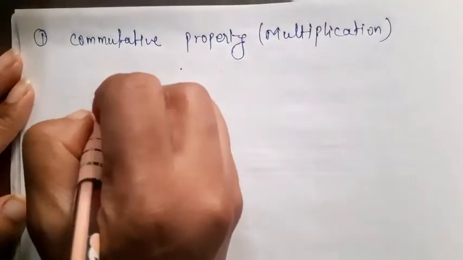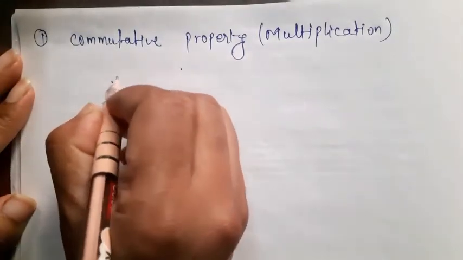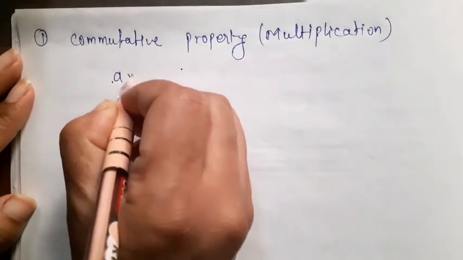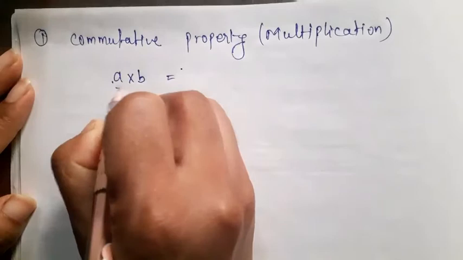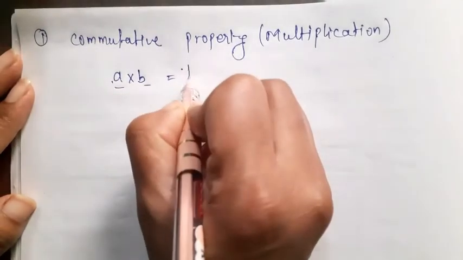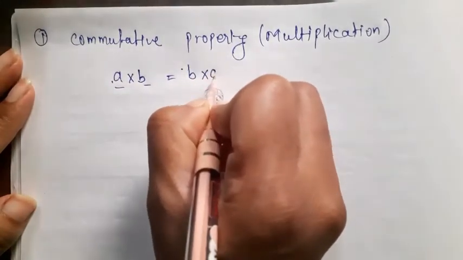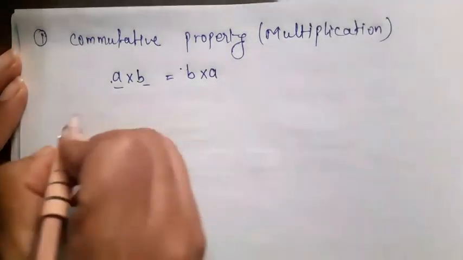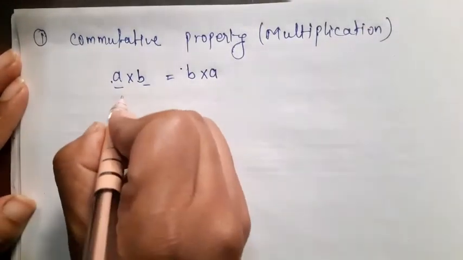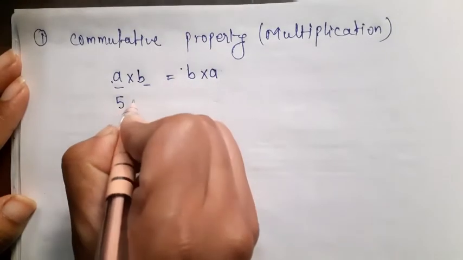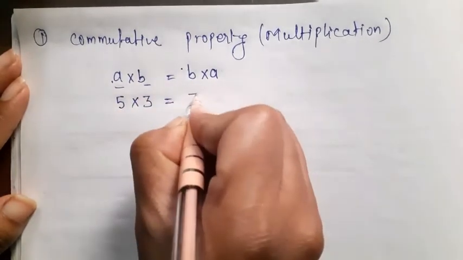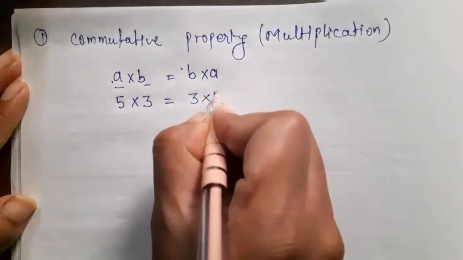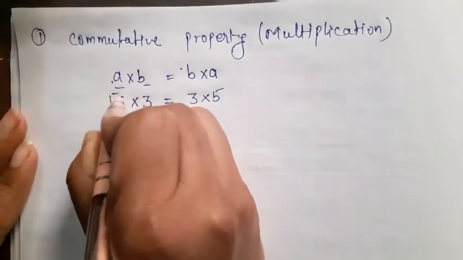In this, if we have two integers, a and b, then a into b is equal to b into a. For example, if we have a as 5 and the value of b is 3, we get 3 multiplied by 5.